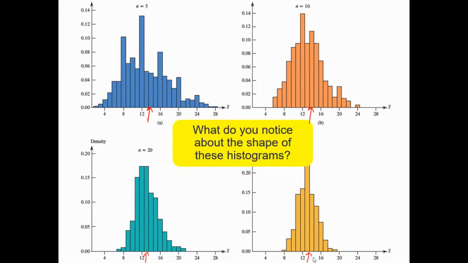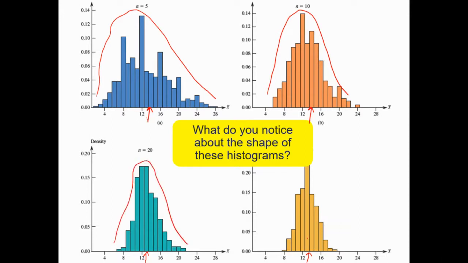What do we notice about the shape of these histograms? So what kind of happens? At first, it's still skewed, but then as we increase n, what starts happening? We start getting more and more normal. So as n increases, they start becoming normal.